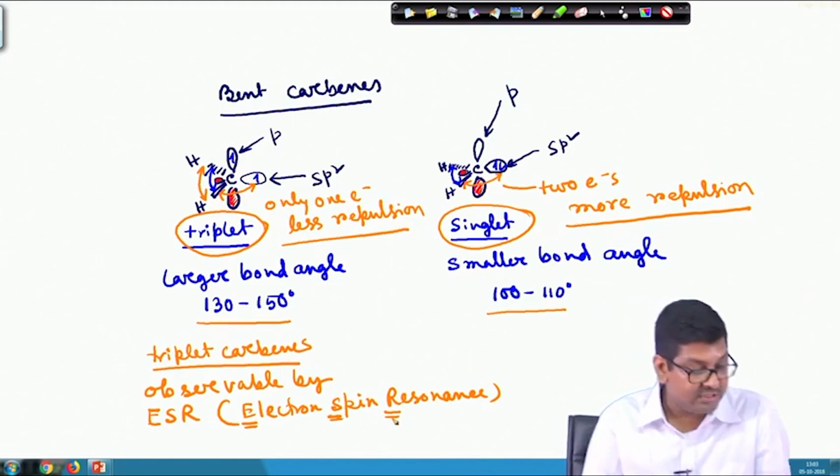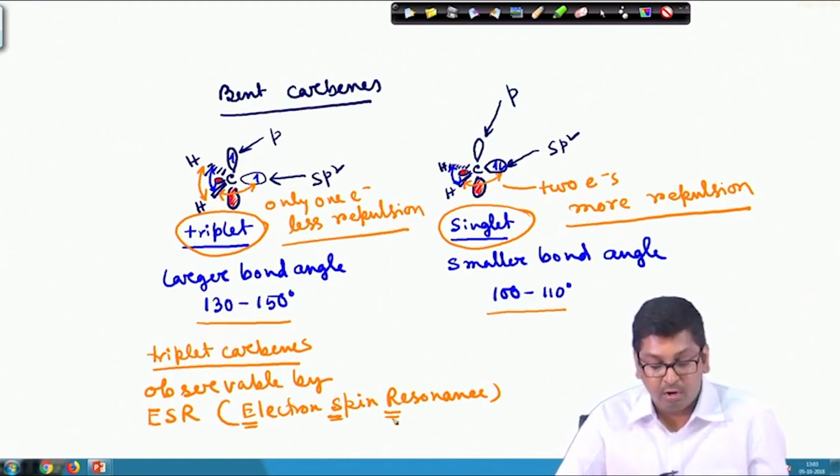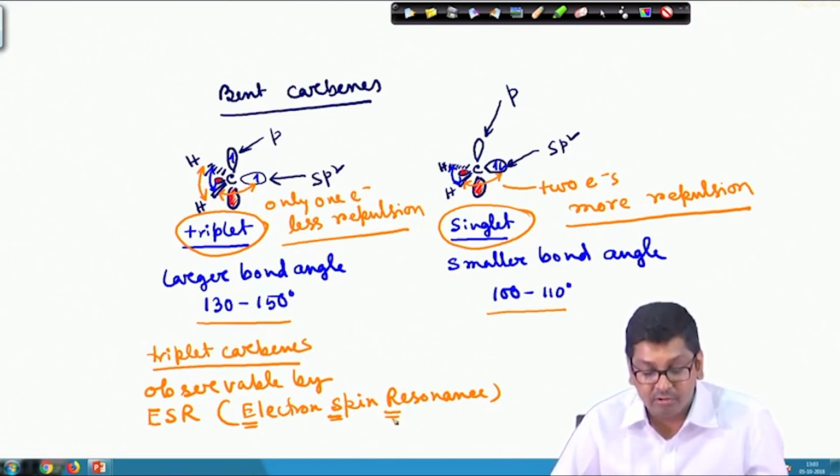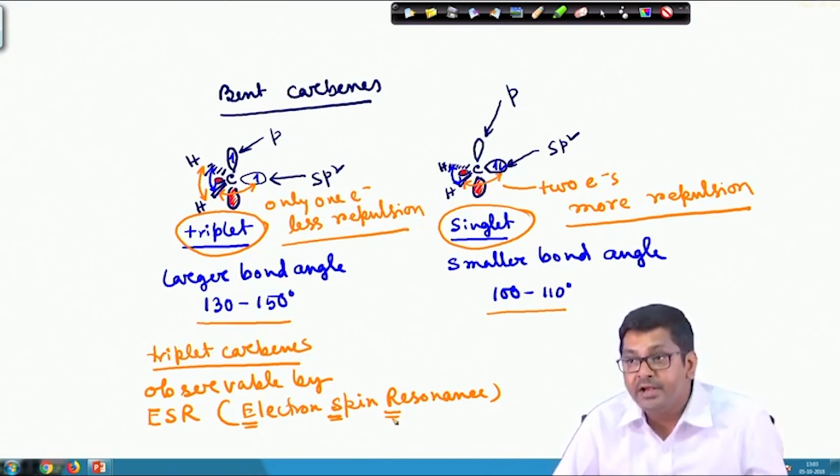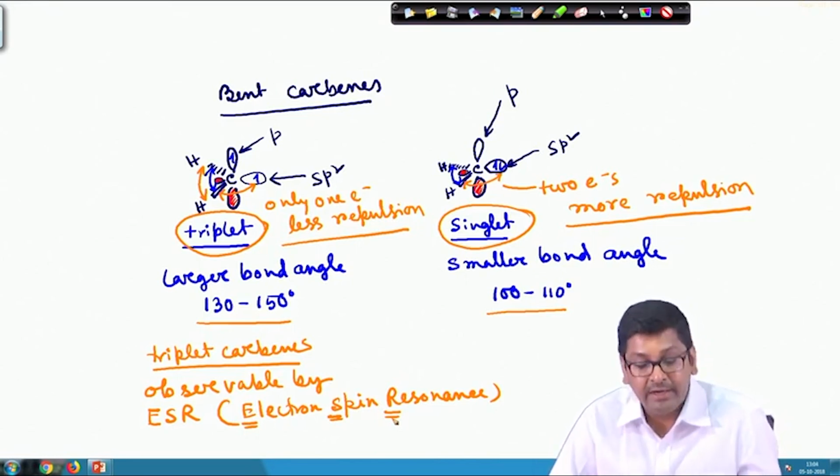So, this is called ESR spectroscopy or electron spin resonance spectroscopy, where if there are any unpaired electrons available in the intermediate, you can actually identify them through this particular technique.